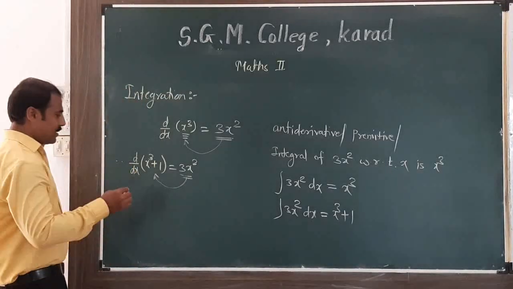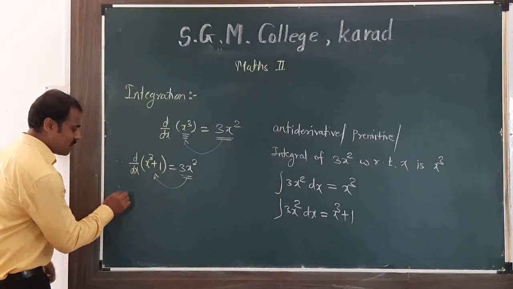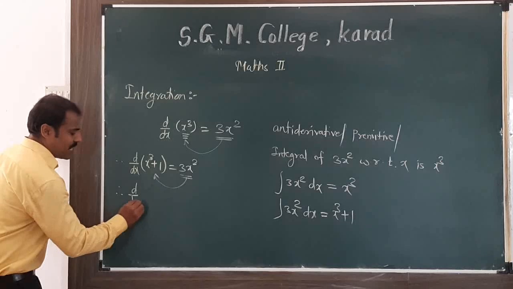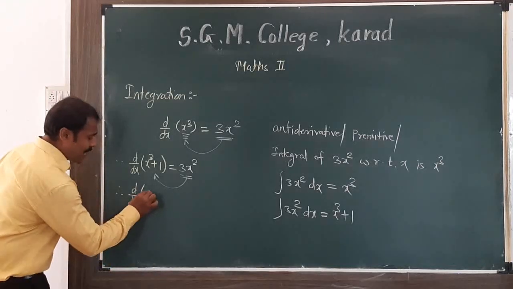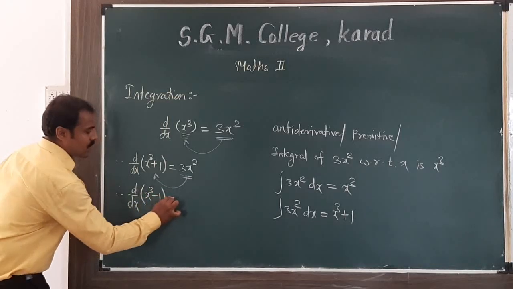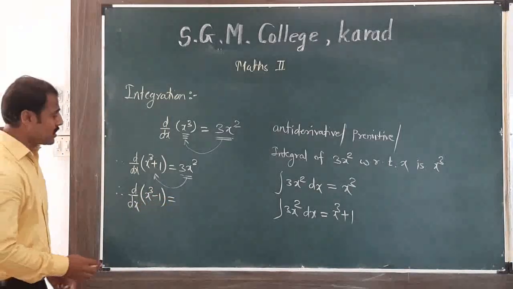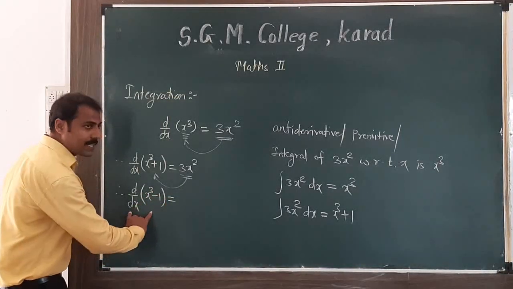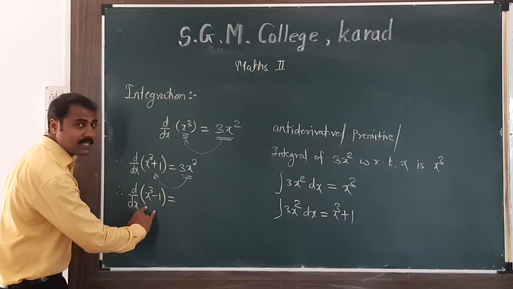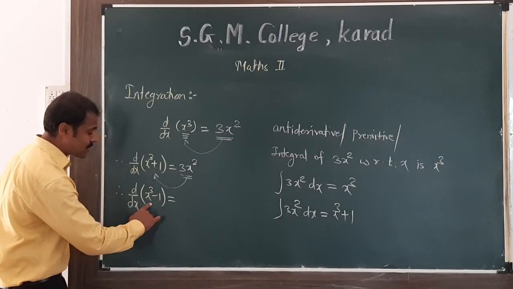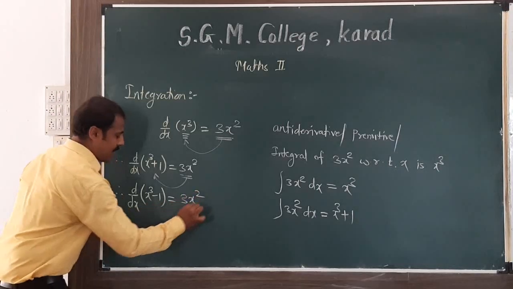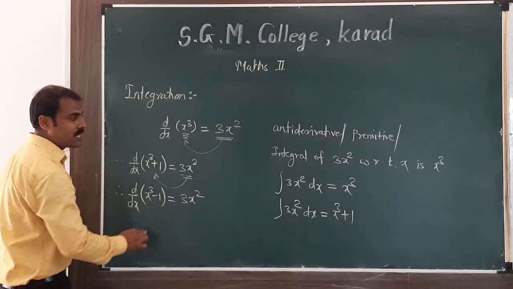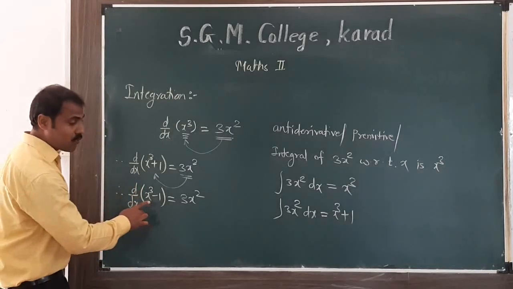Okay. Again my question is, tell me the derivative d/dx of x cube minus 1. Again inside the derivative there is subtraction, so we can separate the d/dx symbol. Derivative of x cube is 3x square, minus the derivative of 1, which is 0.